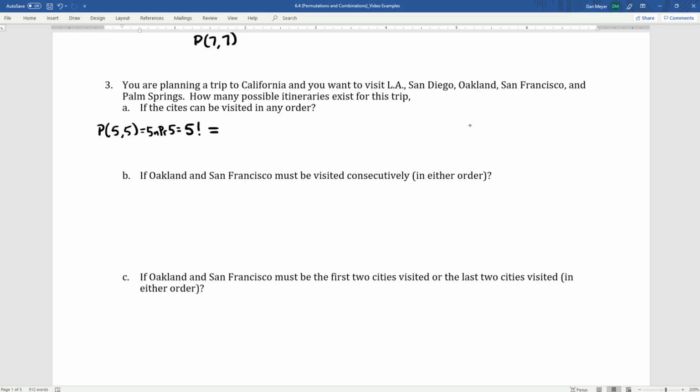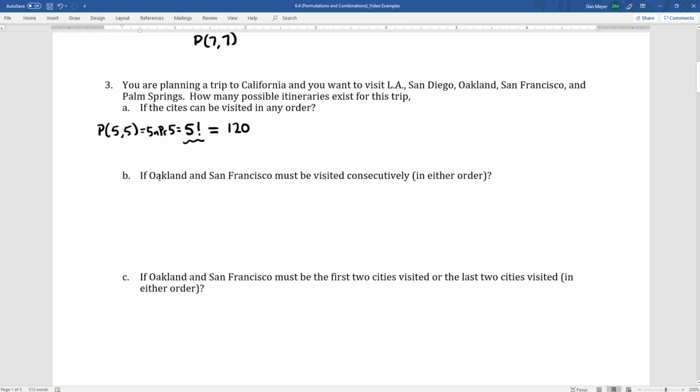Same as 5 factorial. I think on the calculator it's just easier to do 5 factorial. That should give you 120 different itineraries. So if there aren't any restrictions to our itinerary, then it's just a straight up permutation.